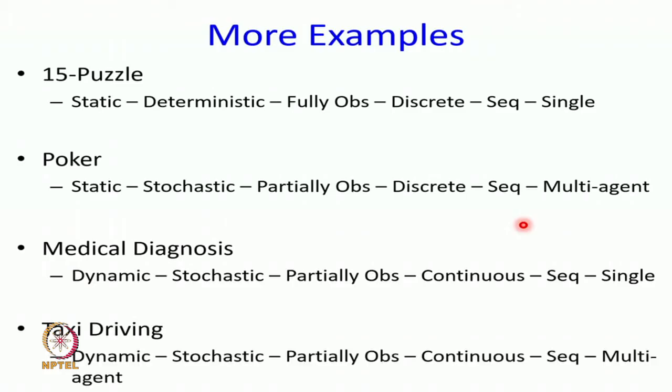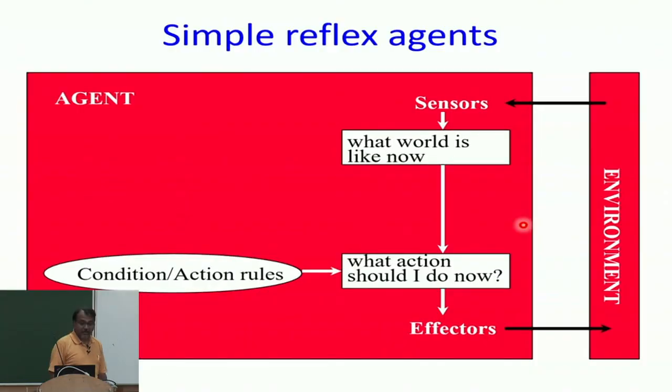Now, the next thing that we have to do is think a little bit about how we make such an agent, and what are the principles and the architectures of making such an agent. In each such architecture, the one thing that is common is that there will be the brain, which is the big red box here.